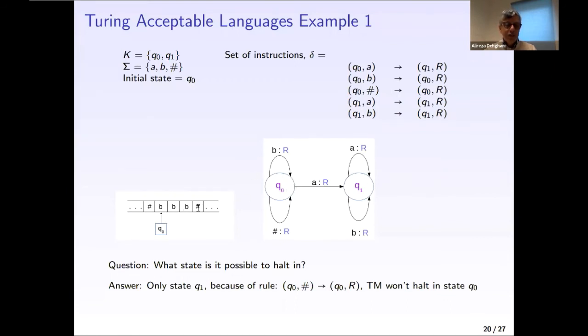As soon as we get to the empty, this will happen. We are in Q0, we receive empty, or blank, in other words, and move right. That's a trap kind of. And that means the machine never halts. So the string is not accepted by the Turing machine.